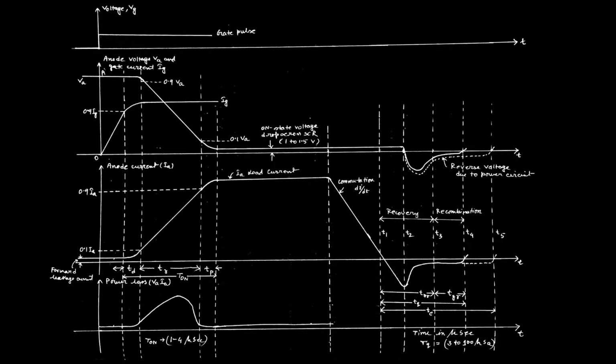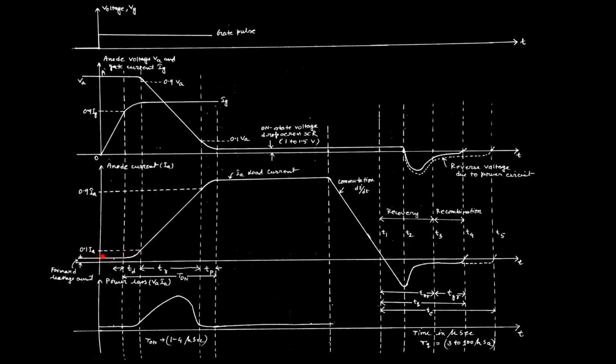Considering all the previous discussion, when the gate current rises up to 90% and we apply the forward biasing across the anode, that is VA, the device is still in the blocking state.